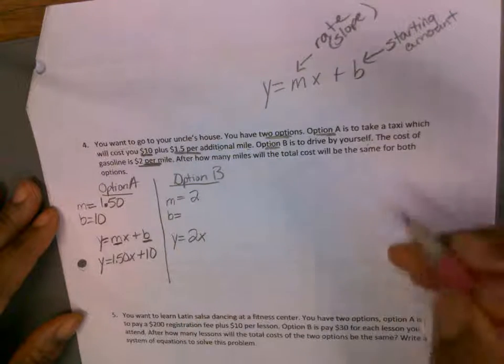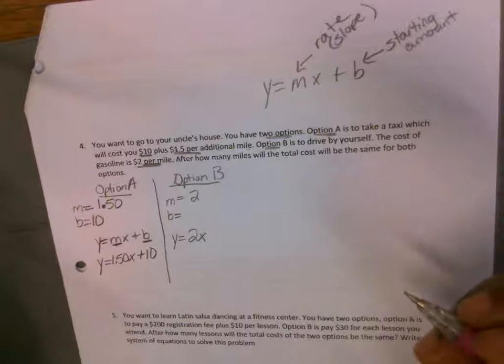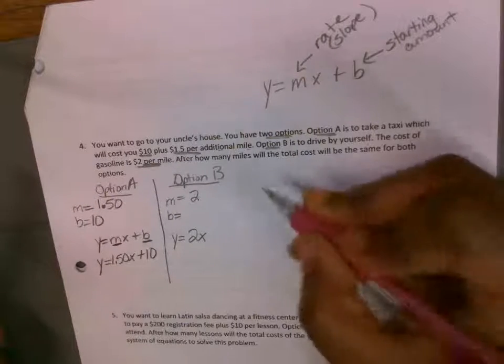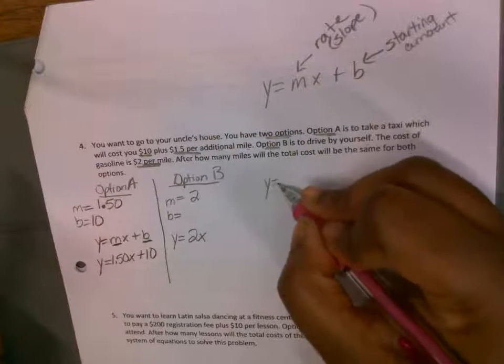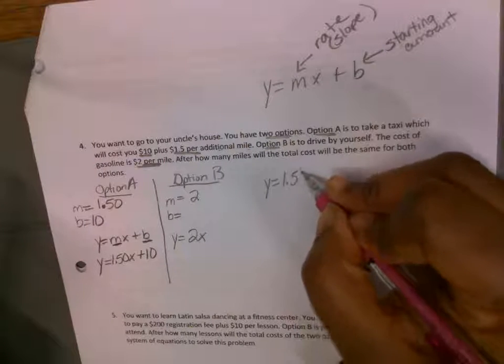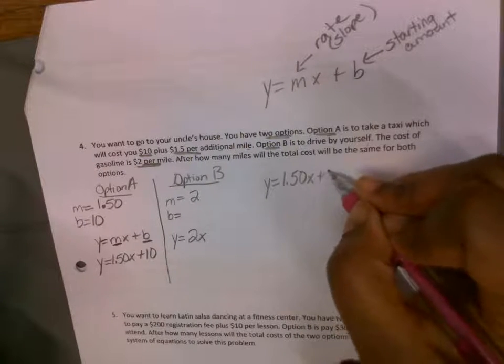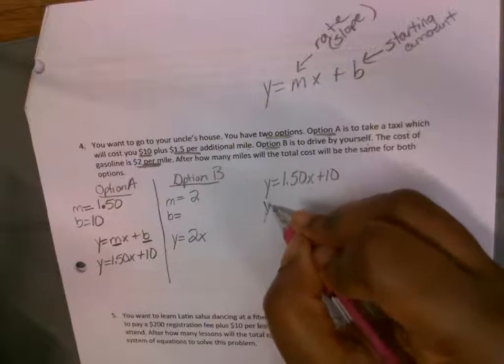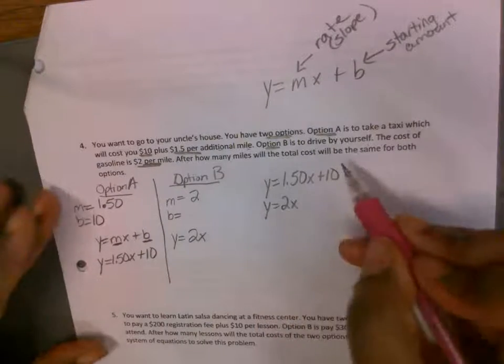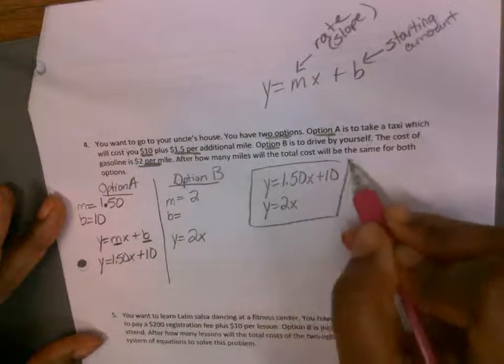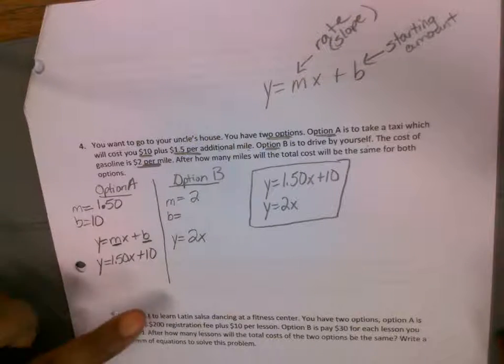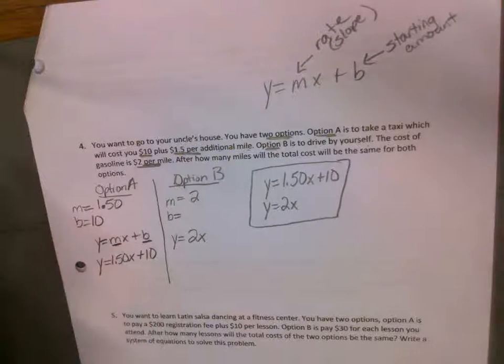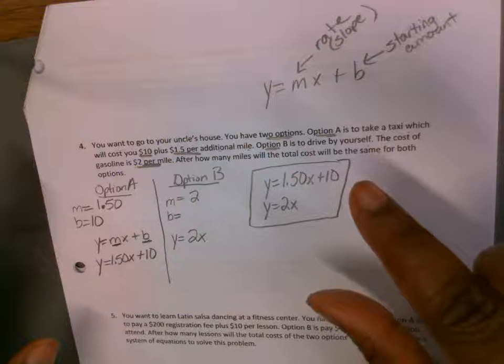So now your system, which means there's more than one equation, is going to be the first equation, which is option A, and your second equation, option B. This is your system of equations. I'm going to pause to give you a chance to write, and then we're going to solve it. This is how we set it up.